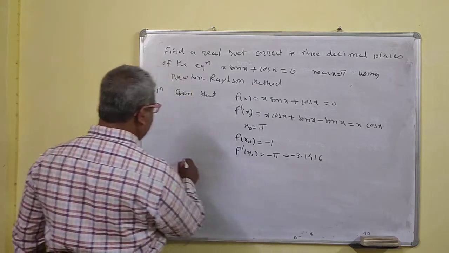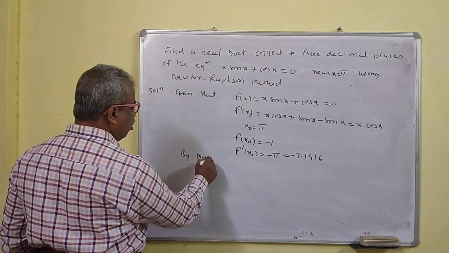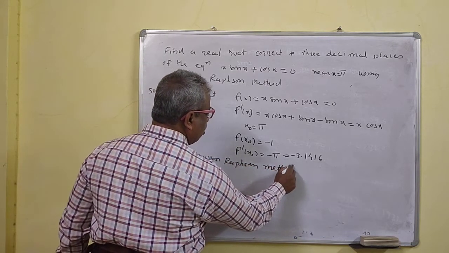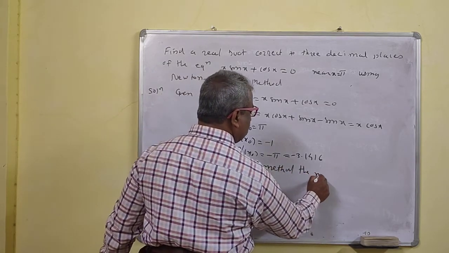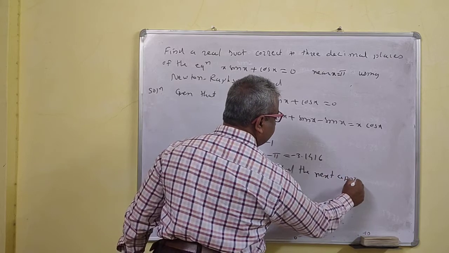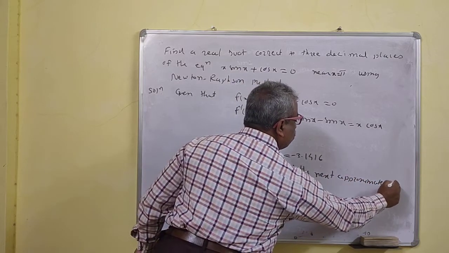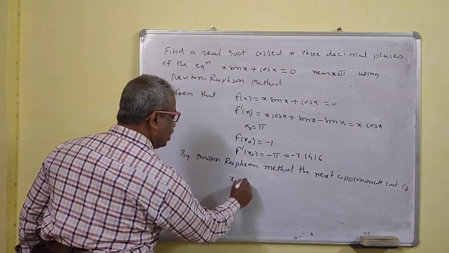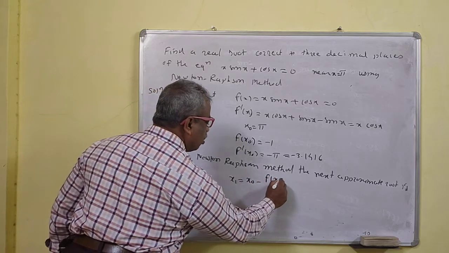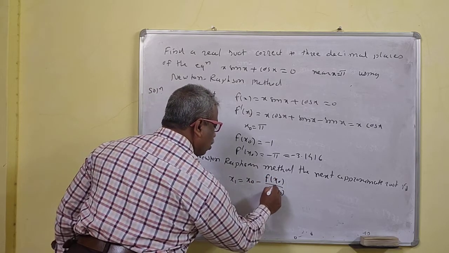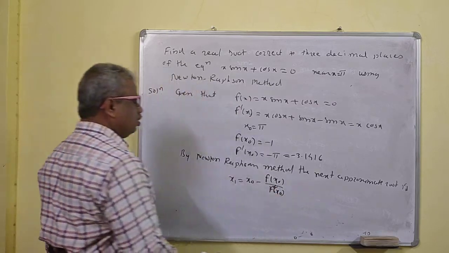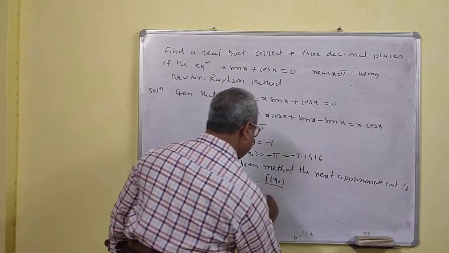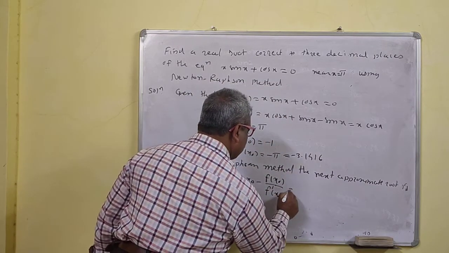Now we'll find it by the Newton-Raphson method. The next approximate root is x1, which is equal to, very simple formula, x0 minus f of x0 upon f dash of x0.